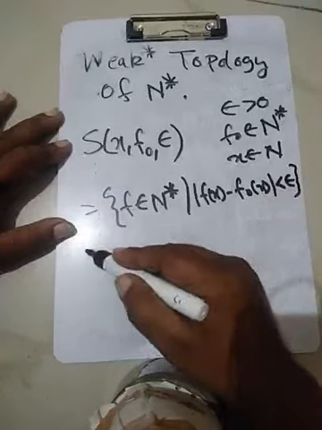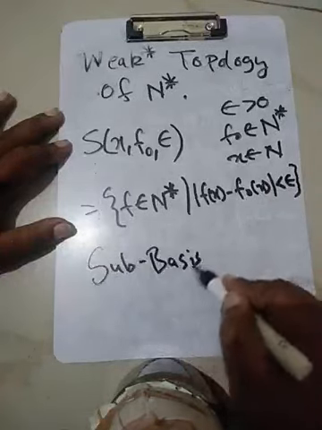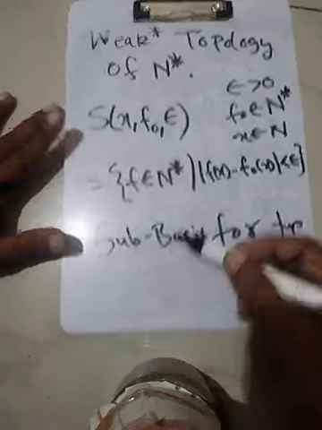So this forms a sub-basis for the weak star topology.